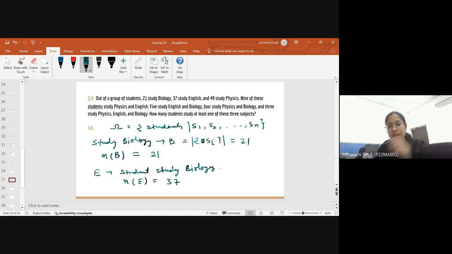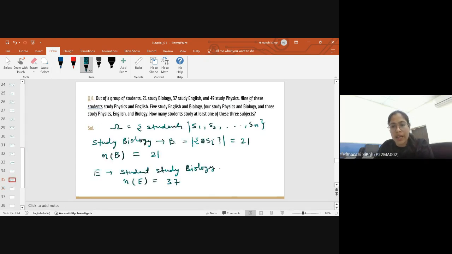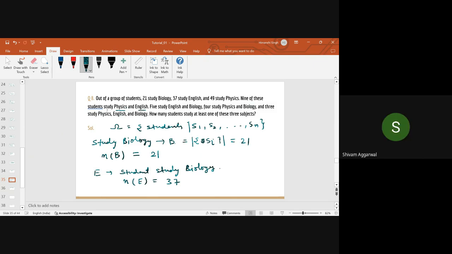Now, apart from this, 9 of these students study physics and English. Physics and English means which event are we considering here? Intersection.